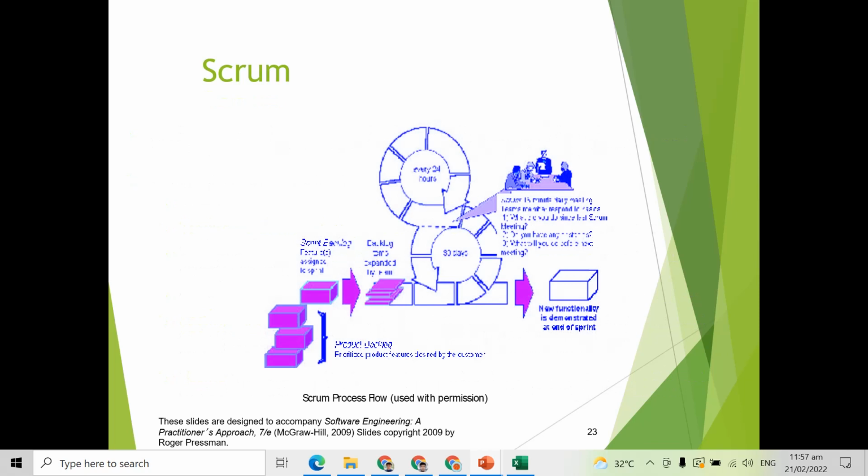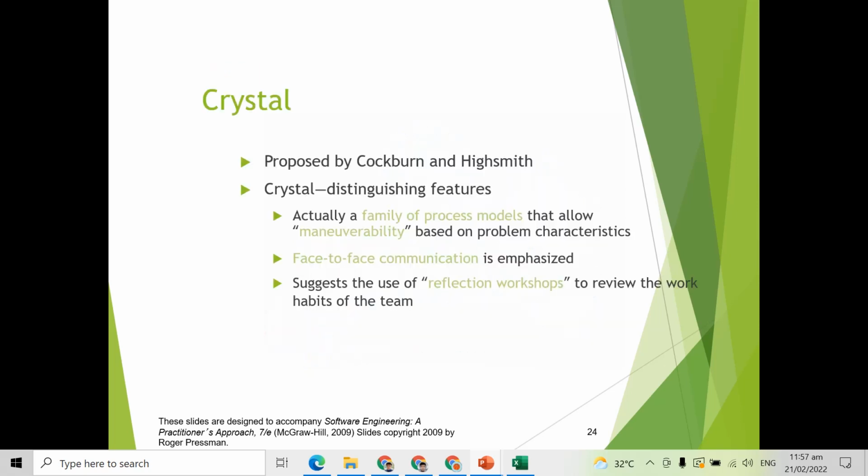So this shows the illustration of Scrum, or the Scrum process flow, used with permission. Sorry for the picture. And let's go to Crystal, proposed by Cockburn and Highsmith.